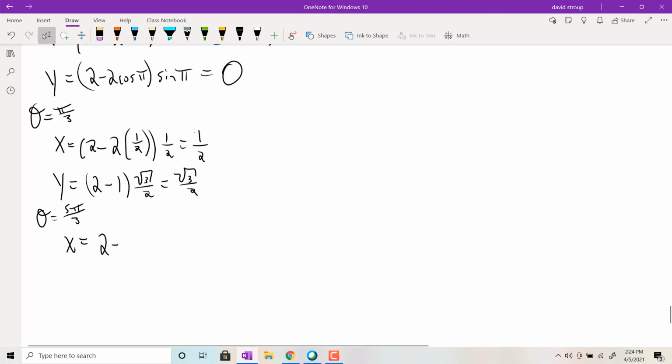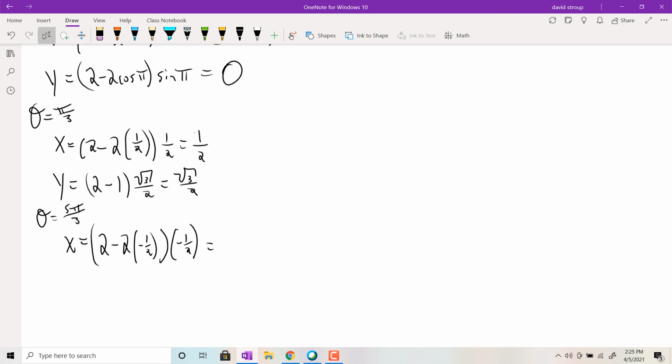So I guess it's negative. So that would be 2 times cosine of 5 pi over 3 is -1/2, and then times -1/2. So that would be 2 plus 2 is 4, times -1/2 is -2.